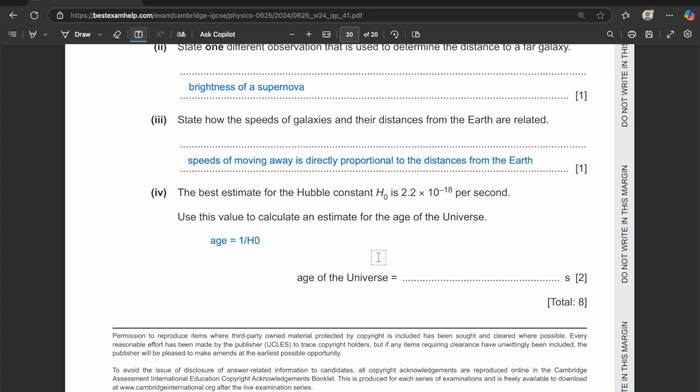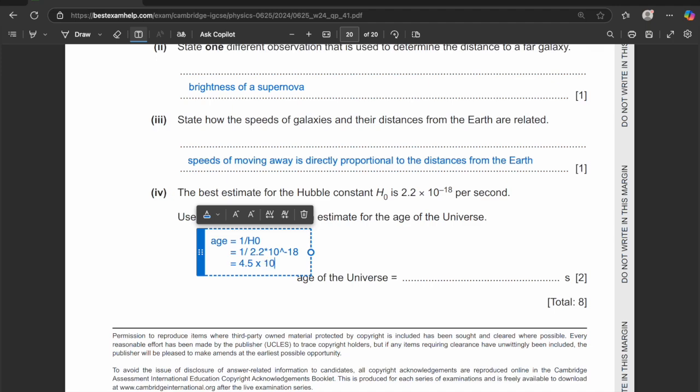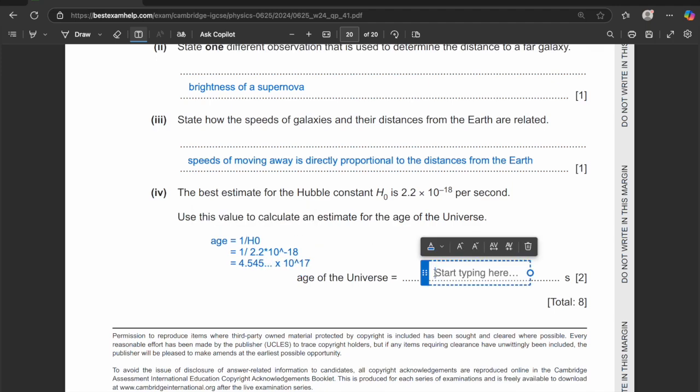That is 4.545, something like that, into 10 power 17. So to take two significant figures, we can just write 4.5 into 10 power 17 seconds.